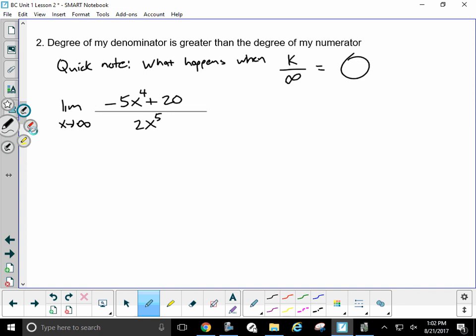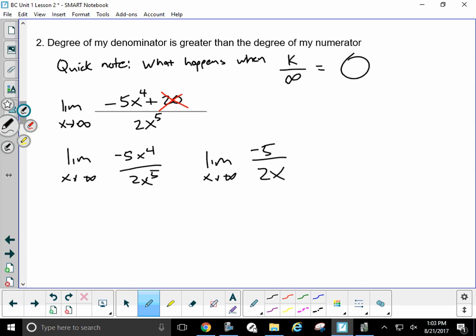Well, let's look at this one. We can work our way to this situation by first crossing off the 20, finding the limit as x approaches infinity of negative 5x to the 4th over 2x to the 5th. The x's will cancel, giving me the limit as x approaches infinity of negative 5 over 2x.